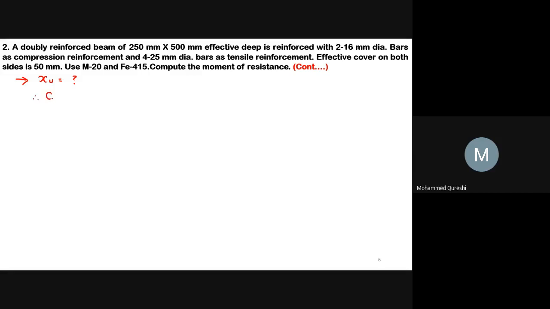So we know that C1 plus C2 equals T, and the value of C1 is given as 0.36 FCK B into XU, plus (FSC minus FCC) into ASC, equals 0.87 Fy AST. Here the value of only XU is unknown for us.